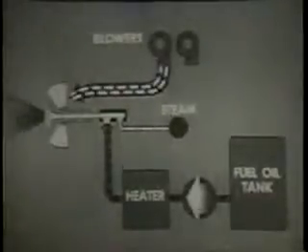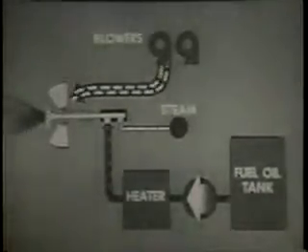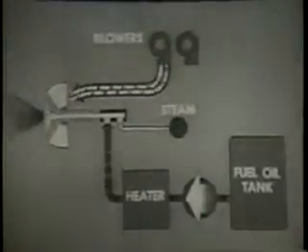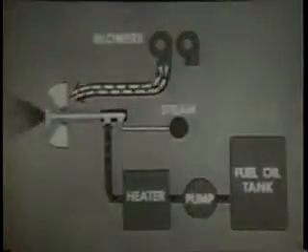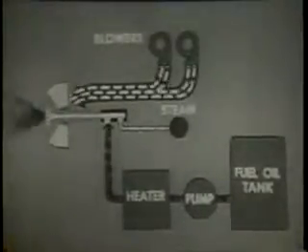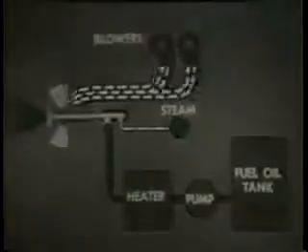You regulate oil pressure to control the oil supply and vary steam pressure with oil pressure. You vary the speed and the number of blowers to control the air supply. Study your official Navy publications for more detailed information about the type of burners in your ship.